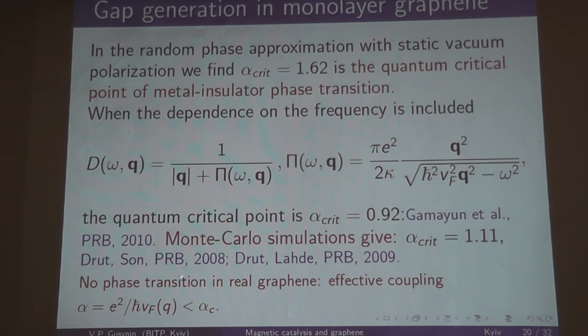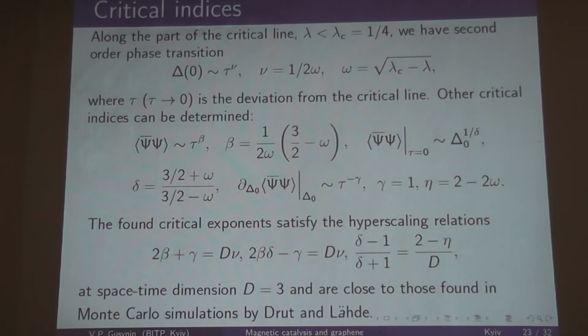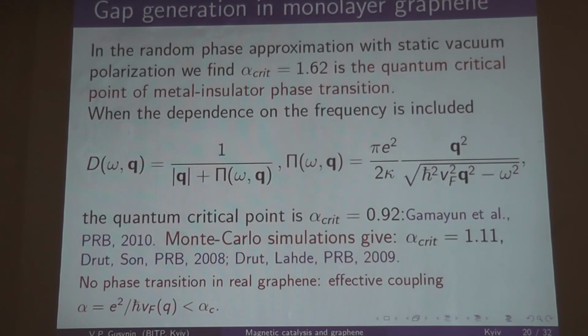In real graphene, you actually have a situation where the coupling is less than the critical one, because Fermi velocity depends on momentum, and at small momentum, Fermi velocity becomes bigger, and the coupling constant is larger.